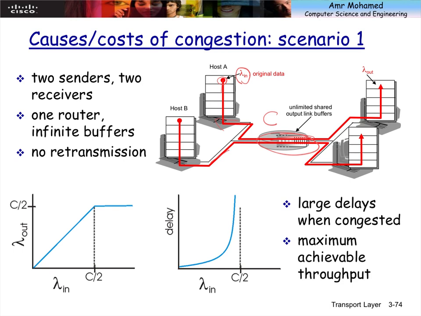We will always assume that these segments arrive at the receiver side. So the question is, how does lambda out evolve over time given that we increase the rate of transmission from the sender?